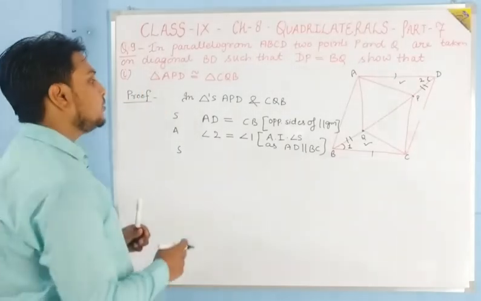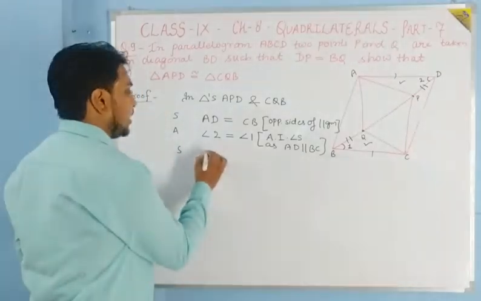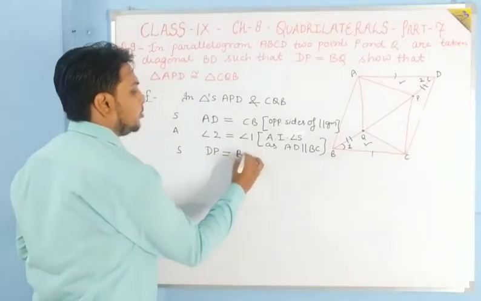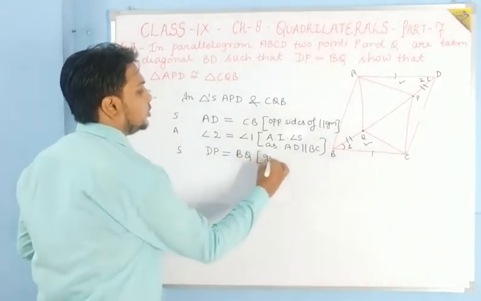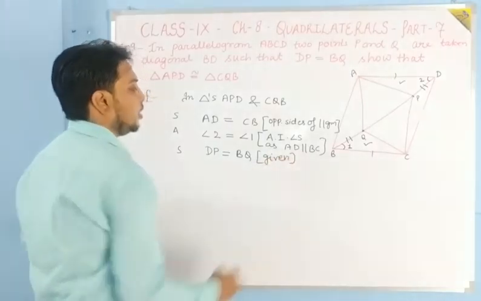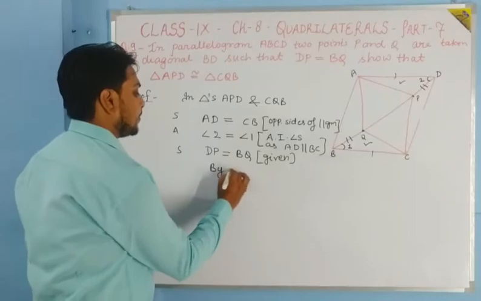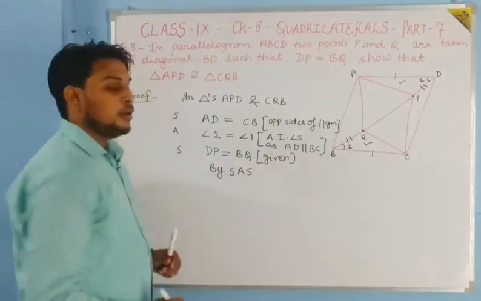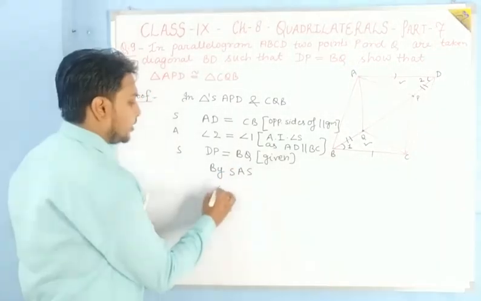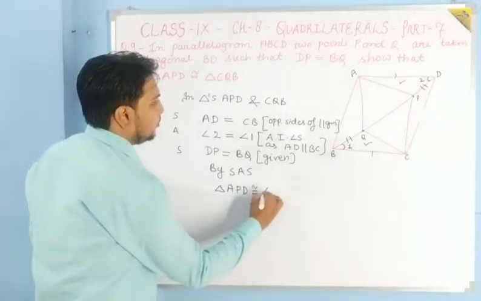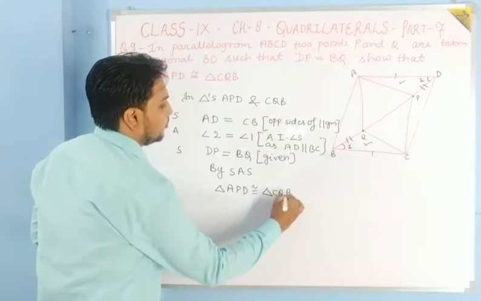And the third one is what? The third one is that side DP is equal to side BQ. It is given in the question. So students, by side angle side, we can write that triangle APD is congruent to triangle CQB.